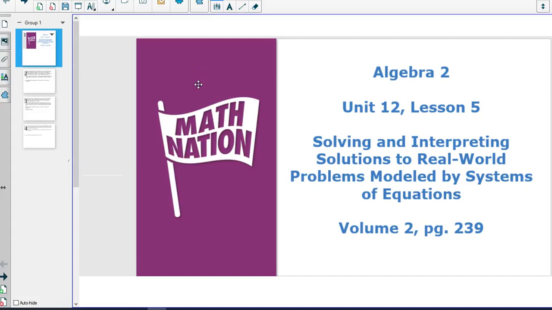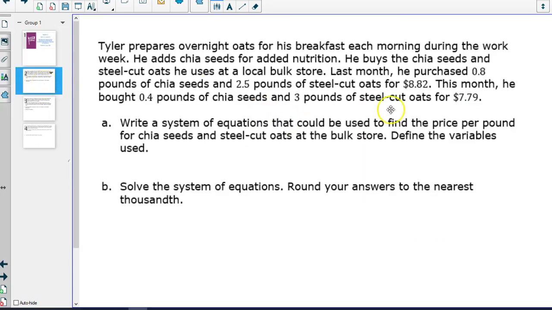Hello class, today we're going to be continuing with systems of equations, but now we're going to try to look at some real world scenarios, which just means we're going to be looking at word problems. And the main difference between our word problems and any other problem that we're given is we're going to have to either figure out the equation and interpret the context, or we're just going to have to interpret a context.